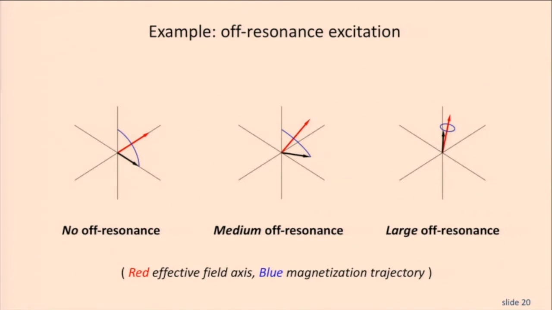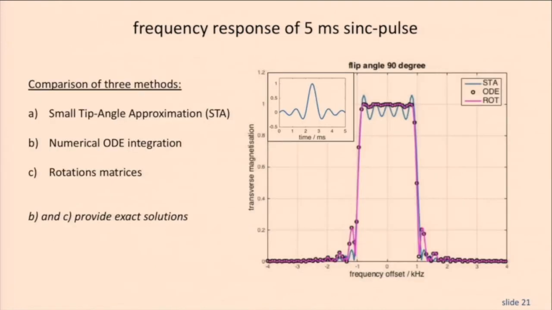However, if there are off resonances around, then there will be no full rotation, and at large off resonances we will not generate any signal at all.